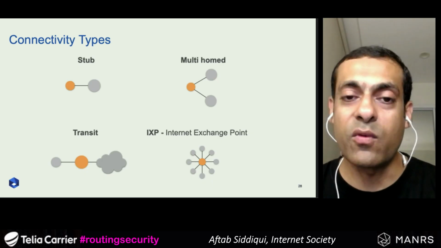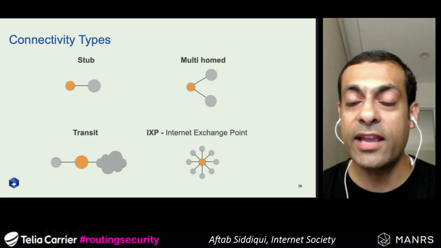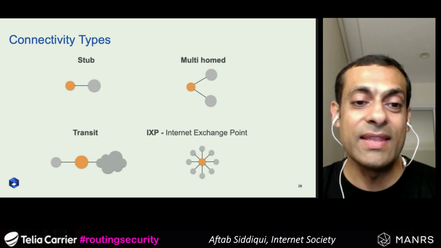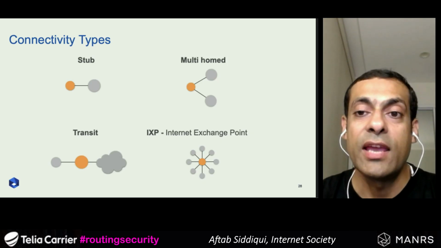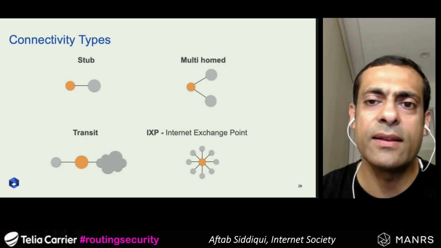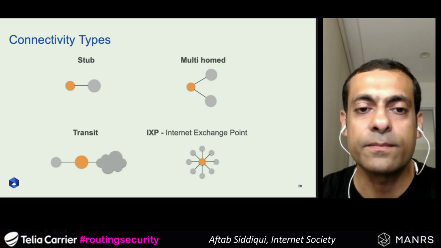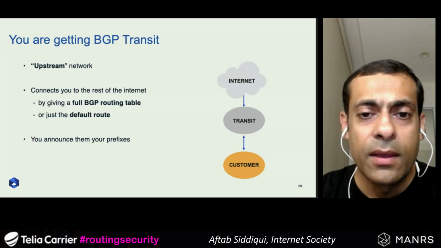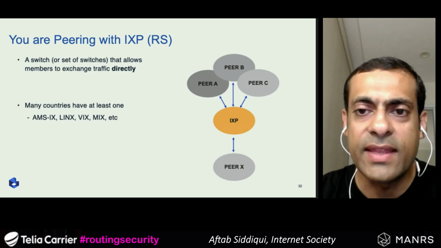Or you are a transit provider, which means you have downstream customers, or you are an IXP as well. So these are multiple connectivity types. If you are a network provider or network operator, you definitely fall under one of these categories. This is just an explanation of what these are.